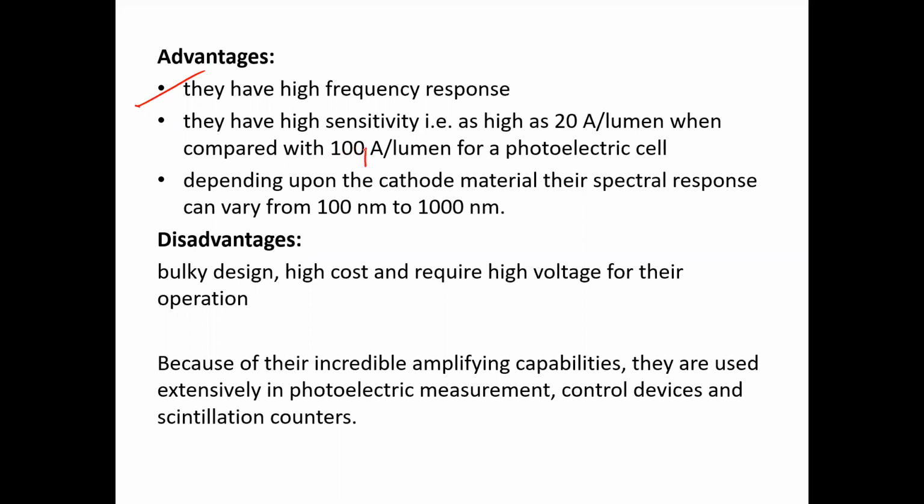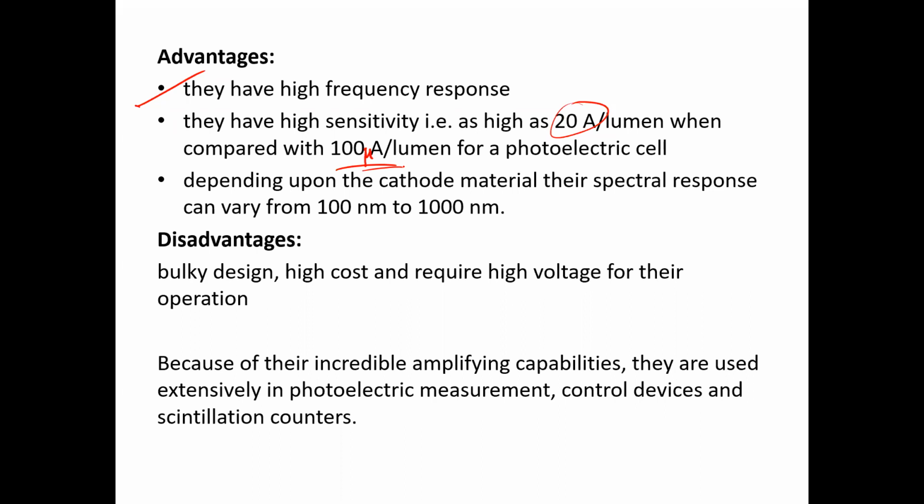There must be a typo over here, so it should be 100 microampere. Using photomultiplier tubes, a sensitivity of up to 20 amperes per lumen might be obtained, whereas in the case of other phototubes, around 100 microampere per lumen is normally obtained.